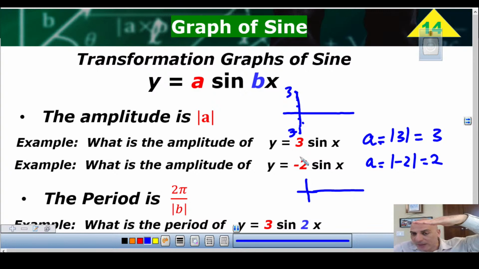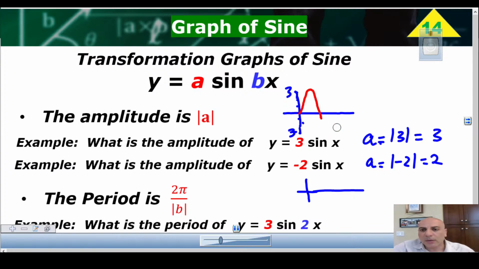Sine by itself, the parent only reaches 1 at the top and goes to negative 1 at the bottom. This child, however, is 3 times as tall, 3 times as tall as the parent. Okay, and obviously it goes 3 times below as well.